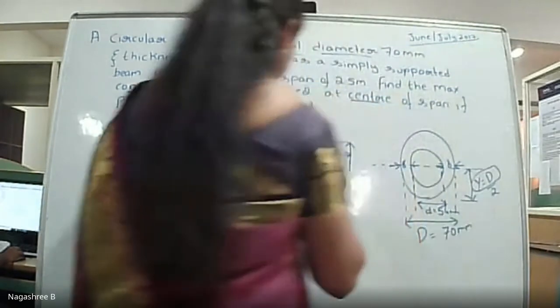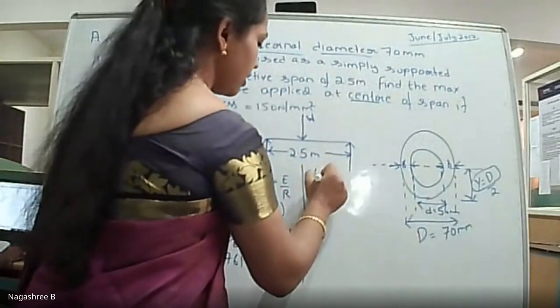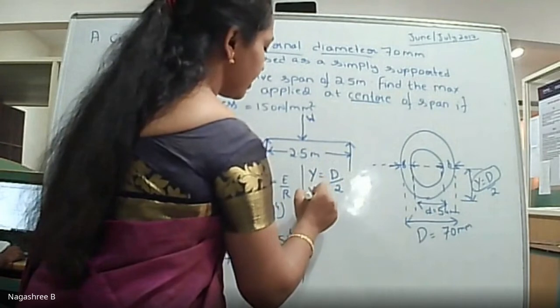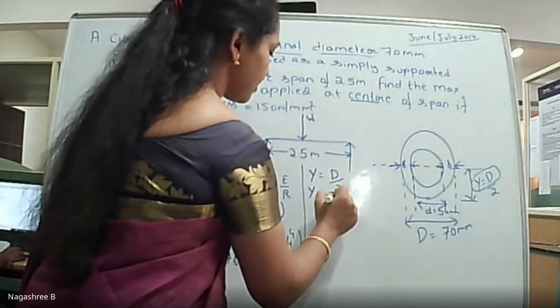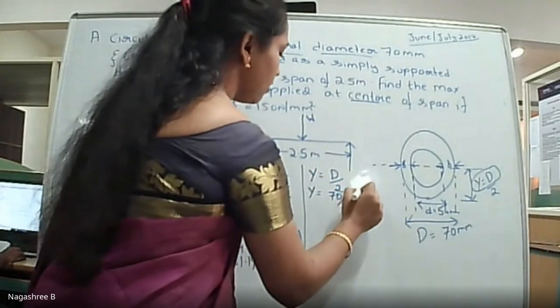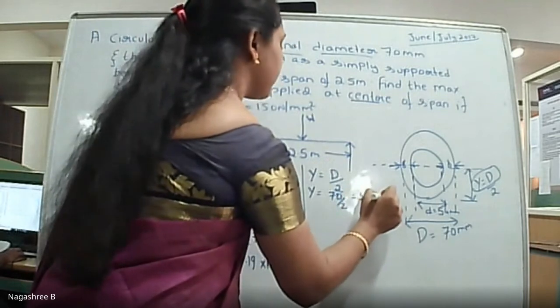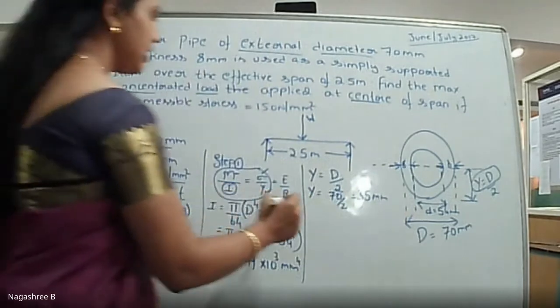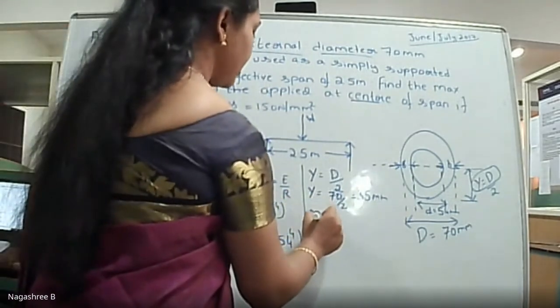So therefore y will be equal to capital D by 2. So y is equal to 70 by 2, which is equal to 35 mm.